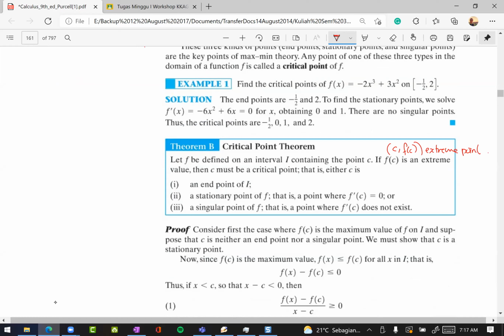Okay, so what does critical mean? It is either an endpoint of the interval, so left end or right end, or a stationary point, which has a horizontal tangent, or a singular point, so it is a corner thing. Okay, so that's the reason we need critical points, because we would like to determine extreme points.